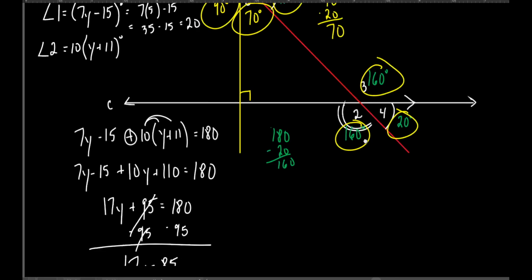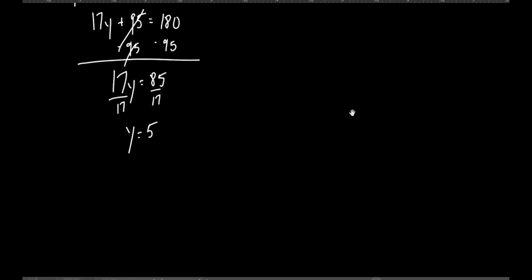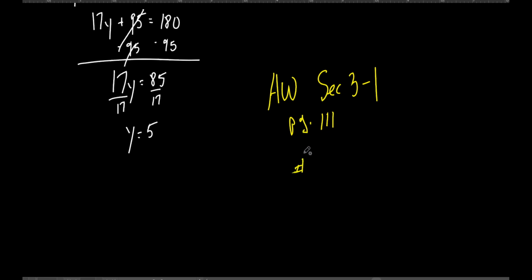We got some homework. So your homework is section 3.1, page 111, numbers 1 to 21. Let me make sure that this is what I put on your lesson plan.